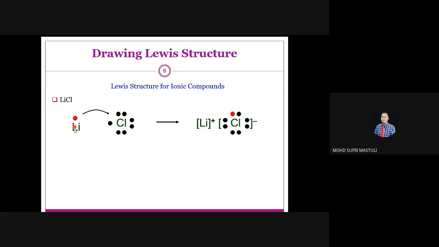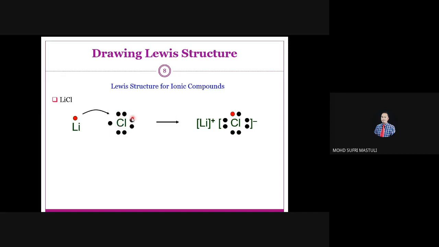As you know, lithium is from group 1, so it has one valence electron. Because this is an ionic compound, the lithium will transfer its valence electron to a non-metal. In this case, it is chlorine.